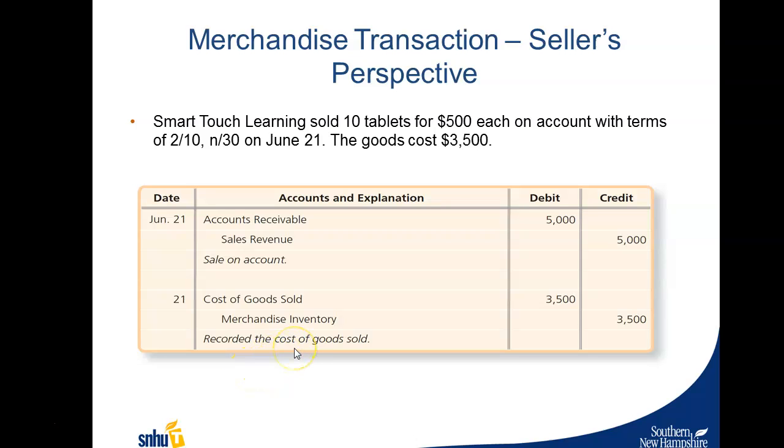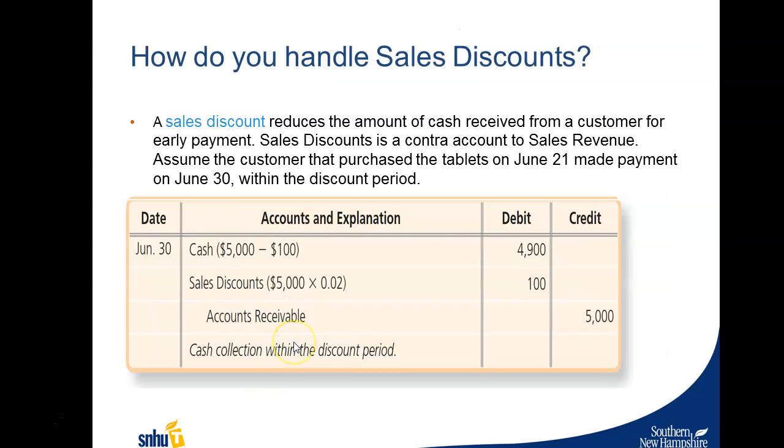Now, what about on the other side of the coin? How do we handle sales discounts? And again, these transactions are not complicated. It's just that you need to remember, when we are trying to encourage our client to pay quickly, we want to be able to make certain that they can do so.